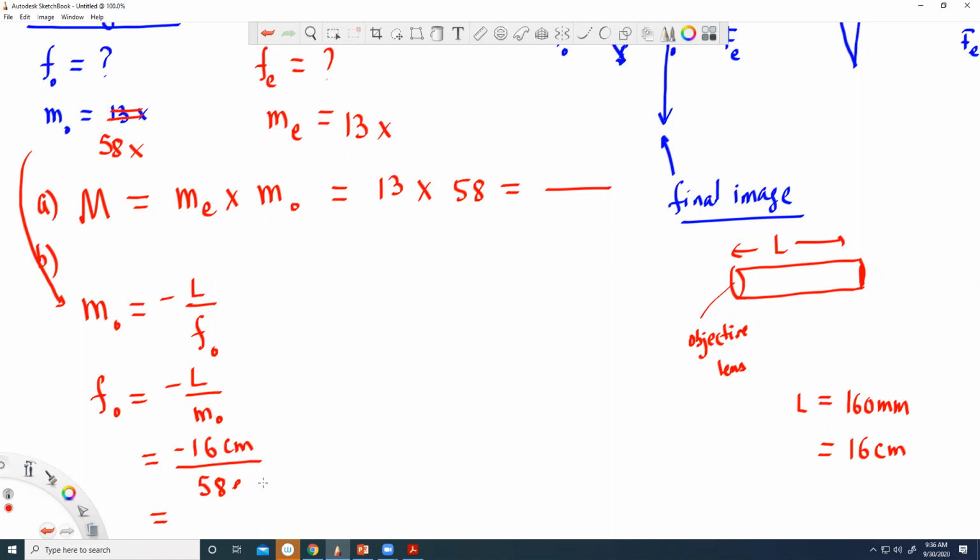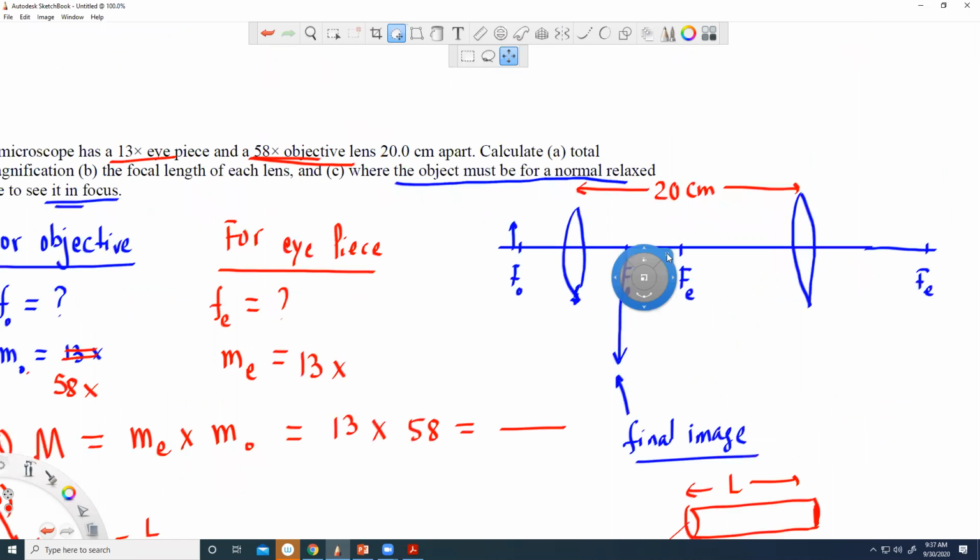Why isn't L 20? You said only use 160 if it's not given. So you are saying that I should use 20 for the tube length, that's what you're saying? Yeah.